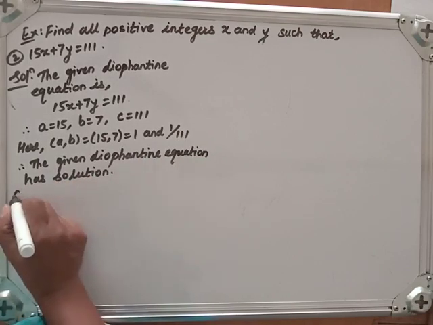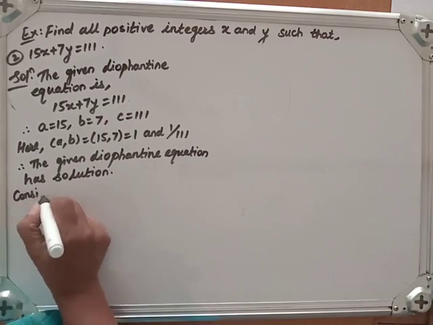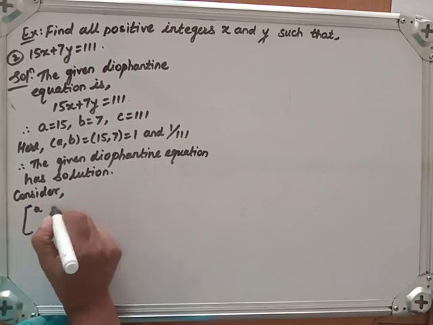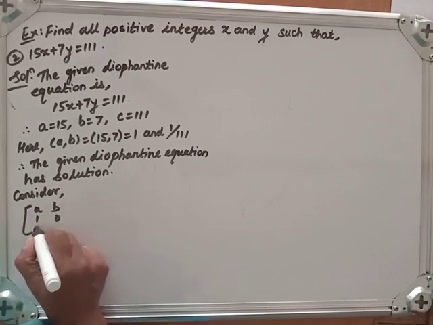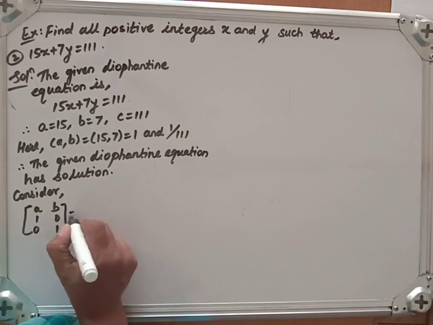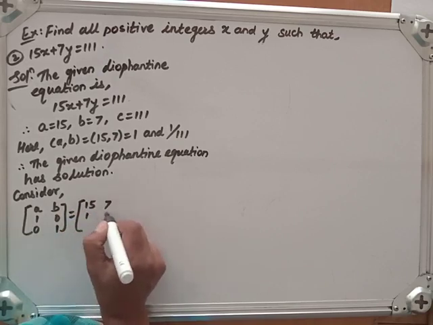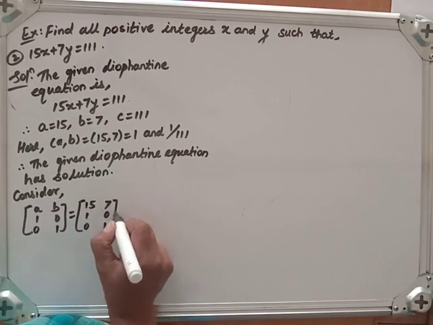Hence, consider the matrix A, B, 1, 0, 0, 1. So it will be 15, 7, 1, 0, 0, 1.